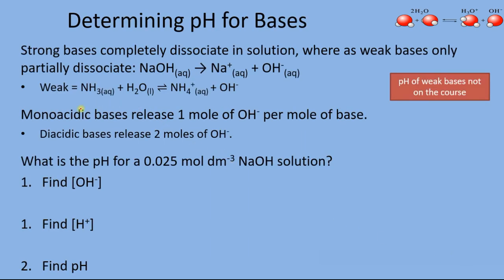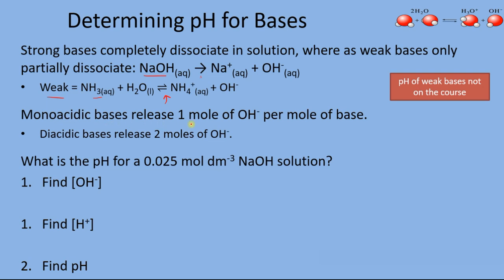Okay, so to work out the pH of strong bases, we're only looking at strong bases. Something like sodium hydroxide completely ionizes, as against weak bases like ammonia, which only partially ionize, hence you get this equilibrium symbol appearing in that equation. The equilibrium symbol means the reaction is reversible, right?